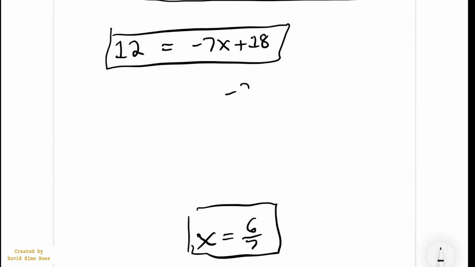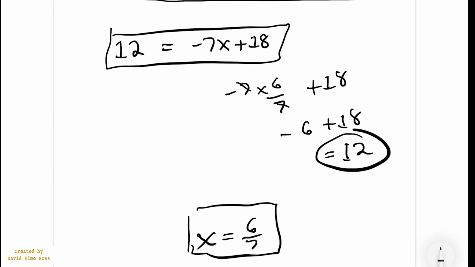So this is minus 7 times 6 over 7 plus 18. So if we take a look at this, we're dividing minus 7 by minus 7. So this is minus 6 plus 18, which is going to give us 12. So in this case, our left side and right side do match, and we are sure that this is the appropriate solution here.